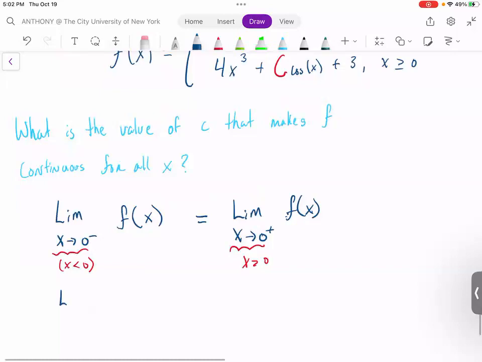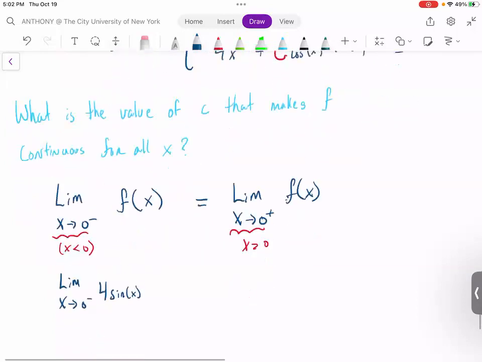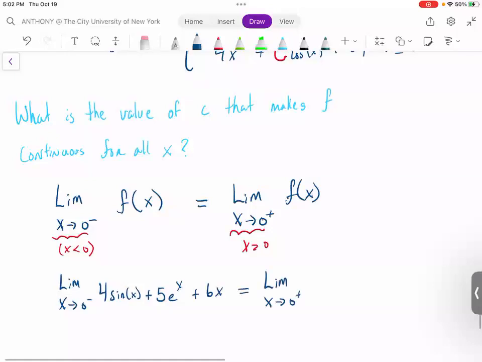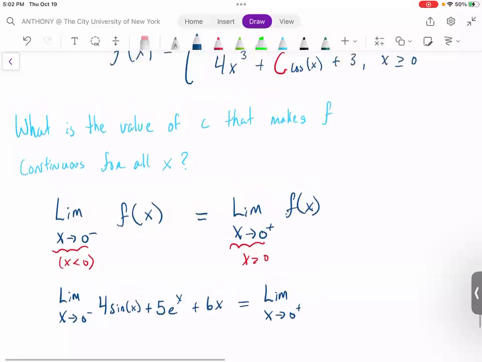We have the limit as x approaches 0 from the left of 4 sine of x plus 5 e to the x plus 6x equals the limit as x approaches 0 from the right of 4x cubed plus c times cosine of x plus 3.